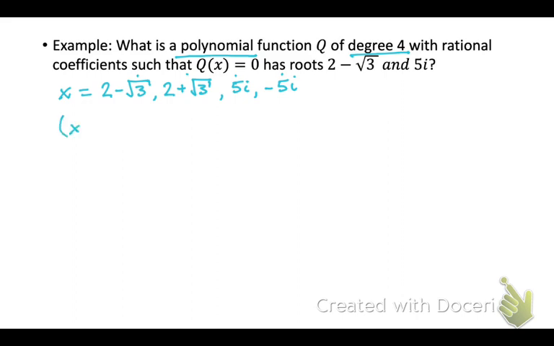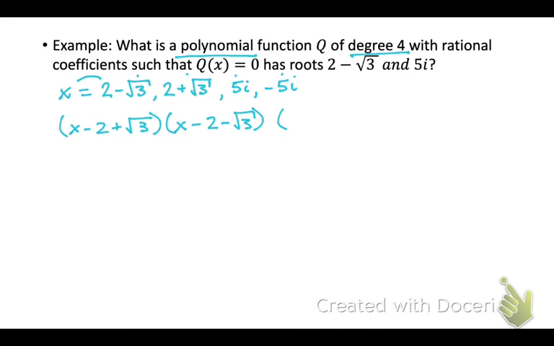Okay, so what's my first factor going to look like? x what? You're going to have to subtract the 2 over, so x minus 2 plus the square root of 3. And then I'm going to have x minus 2 minus the square root of 3.